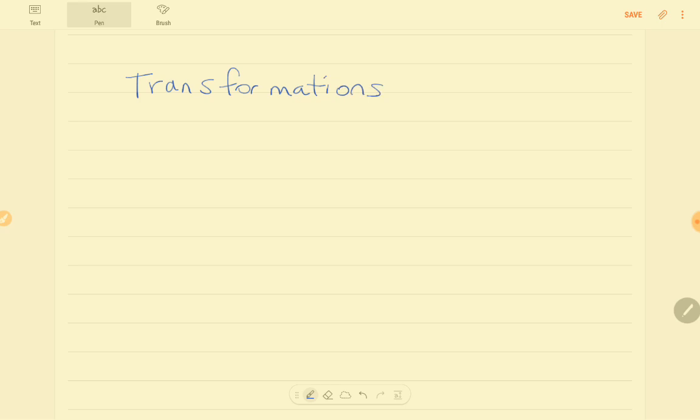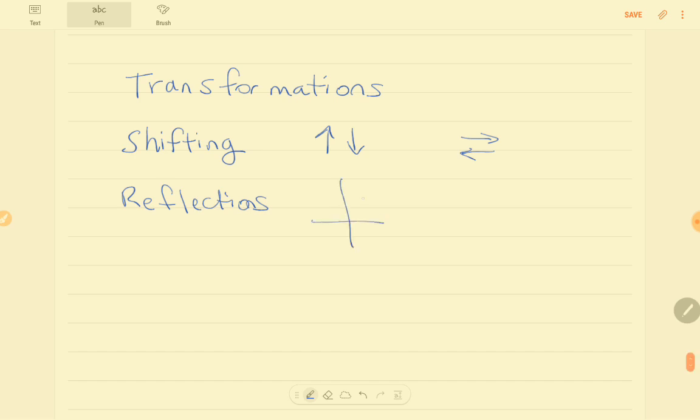There are different types. We have shifting, and you can go up and down, you can go left and right, or right and left, and you can reflect. You can take something that is like this and reflect it across the y-axis upside down.